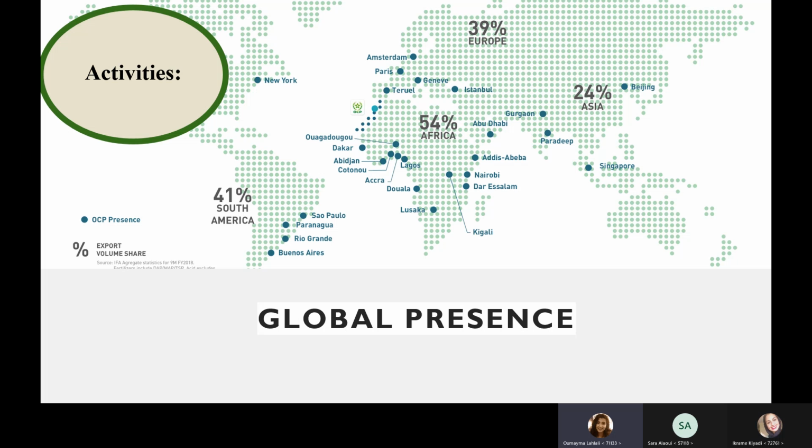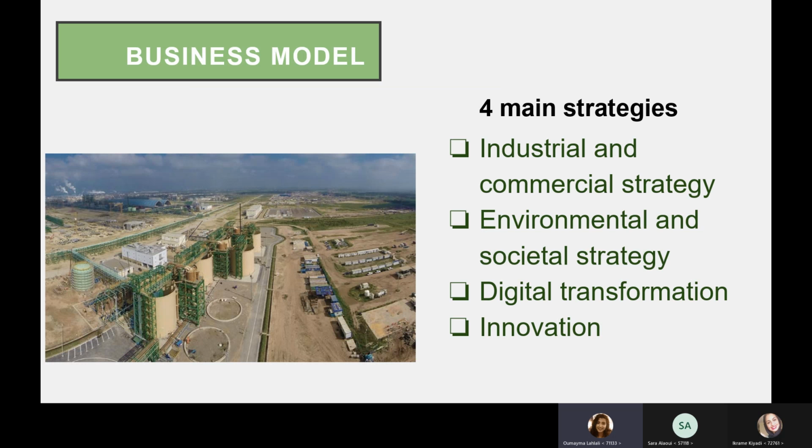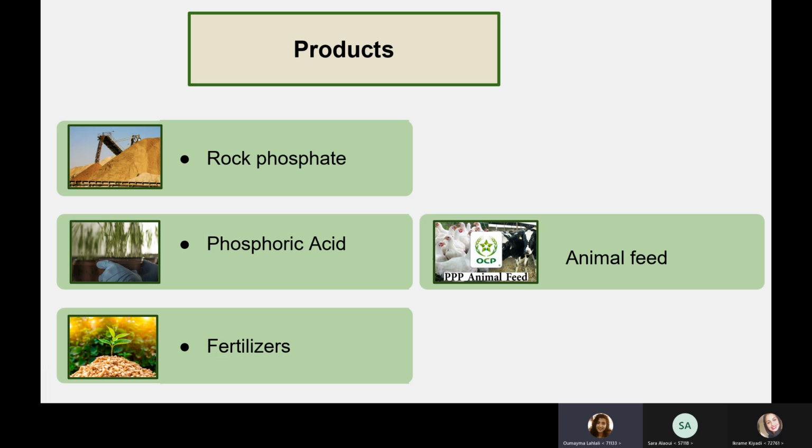So for the products, the OCP group manufactures various products. Each product has its own business process. It is made up of rock phosphate, phosphoric acid, and fertilizers, which include certified fertilizers, standard fertilizers, and soluble fertilizers, and the last one, which is animal feed.